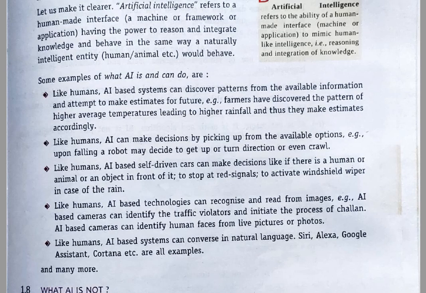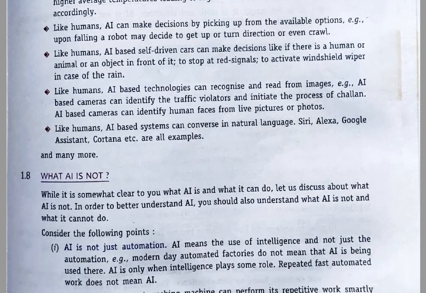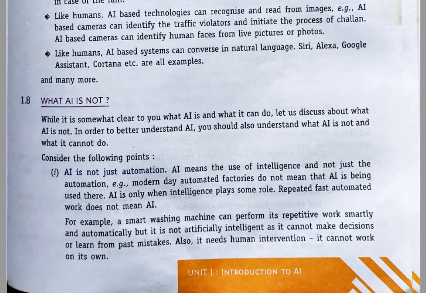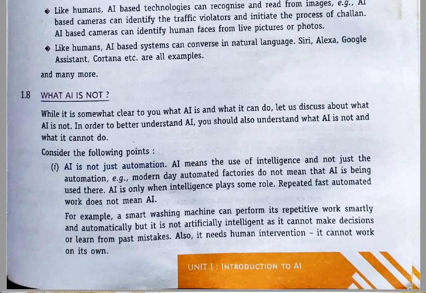So we have discussed various terms related to artificial intelligence, but to identify where AI is and where AI is not, we have to understand what AI is not. Here we can have an example where we call machines automatic.